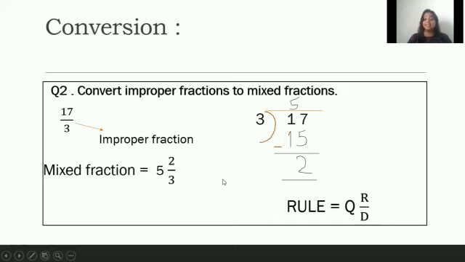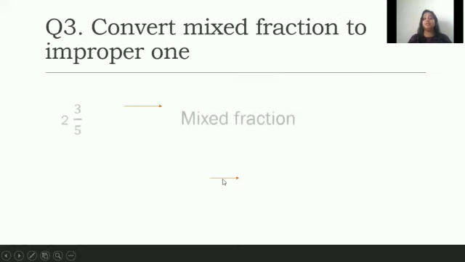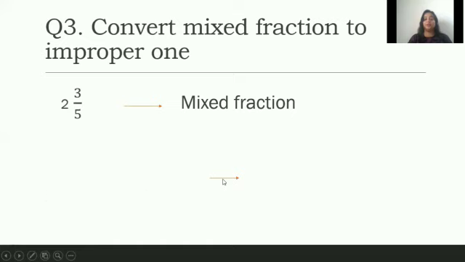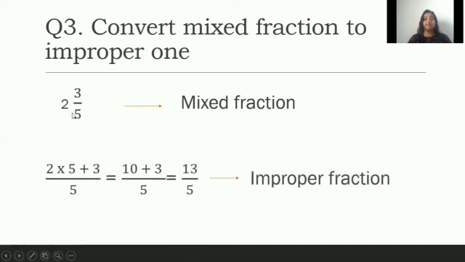Now let's see how we will convert mixed fraction to improper one. Let's suppose I have this mixed fraction, 2 whole 3 by 5. See how I'm writing, how I'm reading it: 2 whole 3 by 5. This is a mixed fraction. Now, how do we convert it to an improper one?